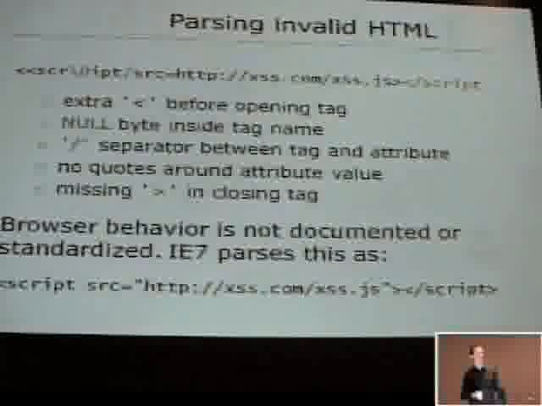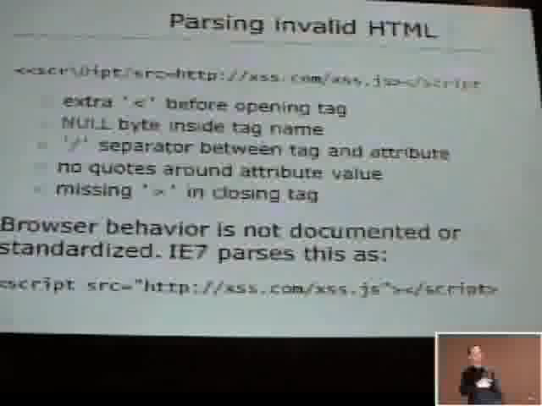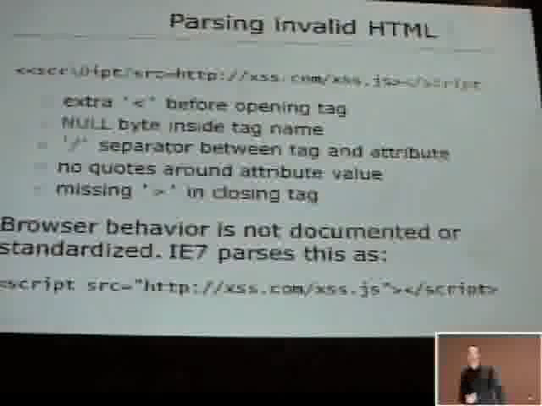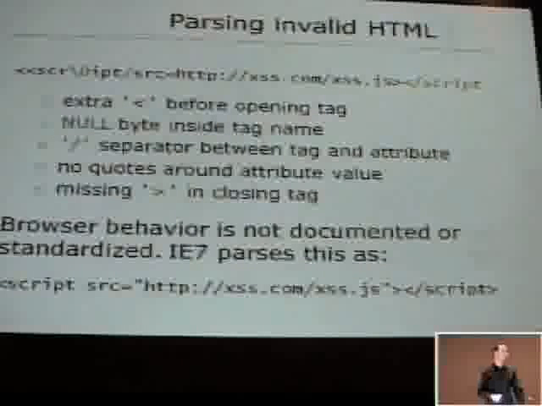So your XSS filter needs to be aware of all these things, and it needs to duplicate the behavior of the browser. But the behavior of the browsers when dealing with malformed HTML is not documented anywhere, and it differs between not only different browsers but also different versions of the same browser.